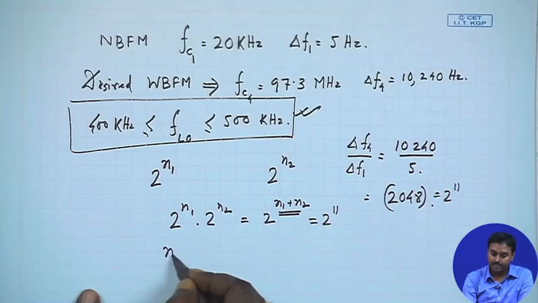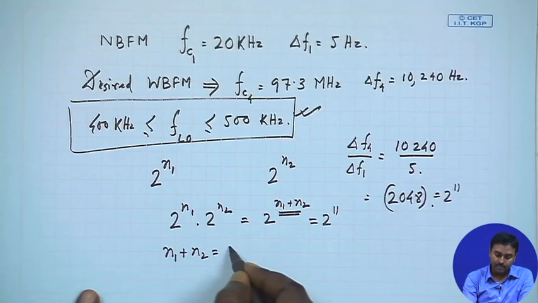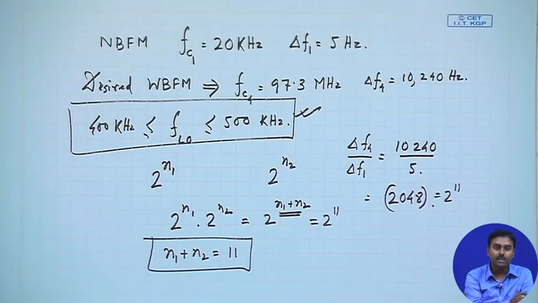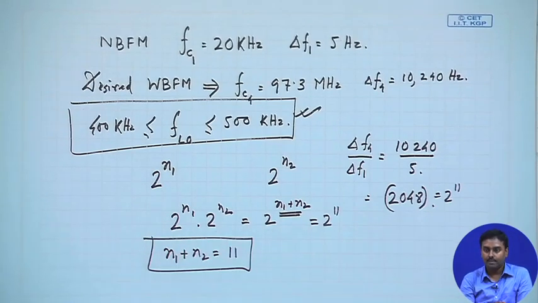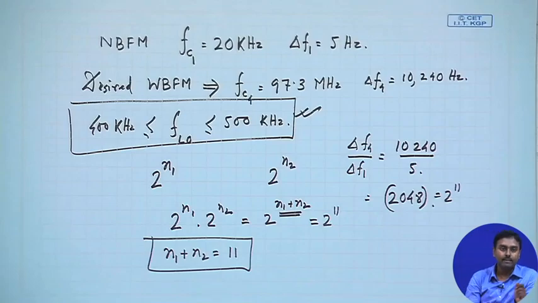So, I immediately get an equation: n1 plus n2 must be 11. Now, how I split depends on me, whether I get 5 and 6, 6 and 5, or 4 and 7, whichever way I wish to do it.